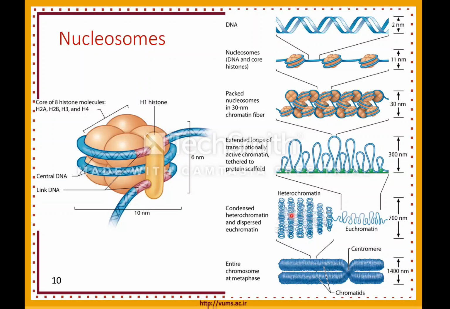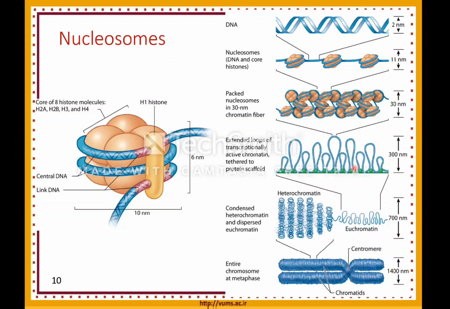Chromatin has 2 types, heterochromatin and euchromatin. Heterochromatin is condensed, but euchromatin is dispersed. And finally, the chromatin forms the chromatid, and finally the chromosome is formed by a pair of chromatids. As you see here, the diameter and size of each of them are written, which you don't need to memorize.